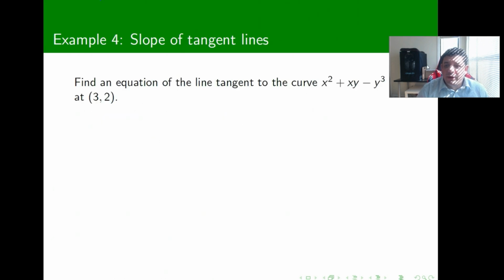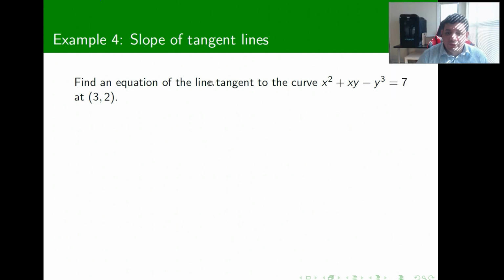Now let's go for another example just to showcase that. We're going to find the equation of the tangent line to the curve x squared plus xy minus y cubed equals 7 at the point (3, 2). Notice that something important is that you make sure that this point is actually part of this curve. So if you plug 3 in here, you should get y equals 2.